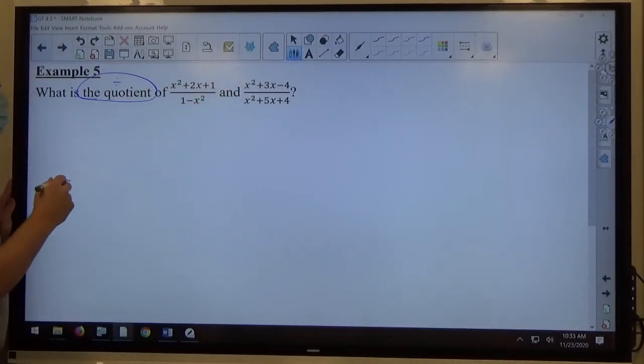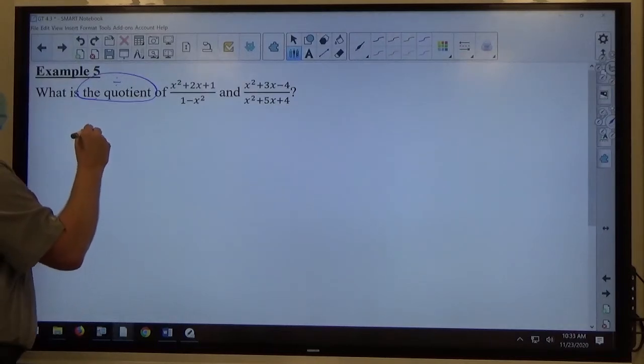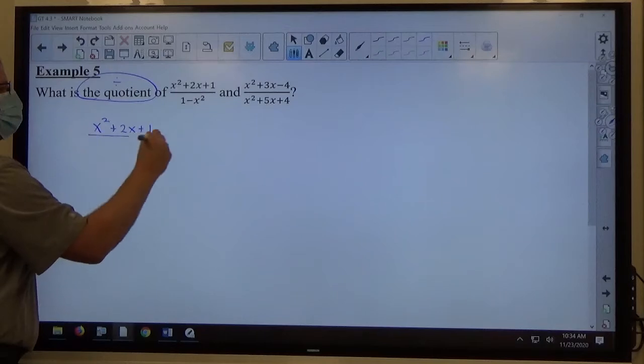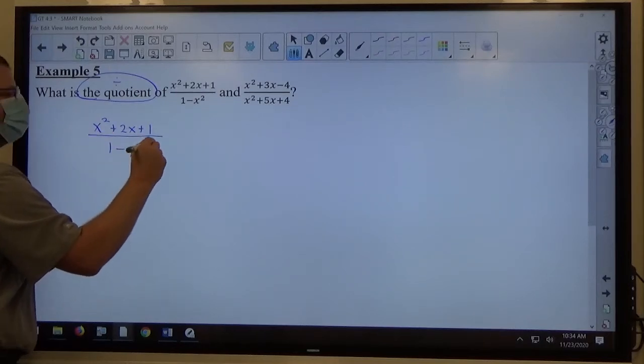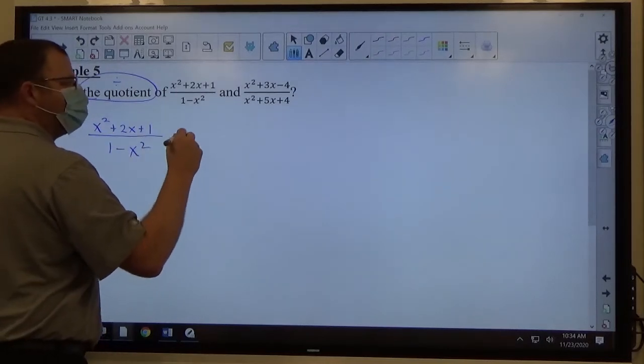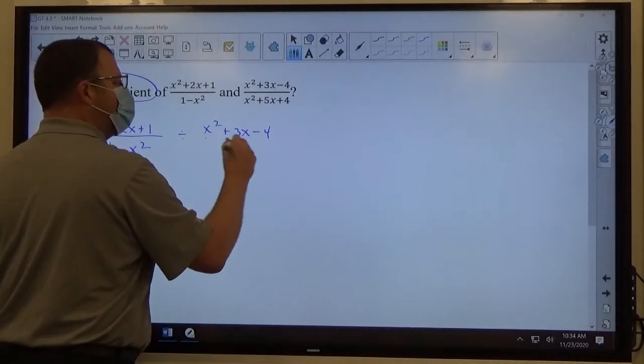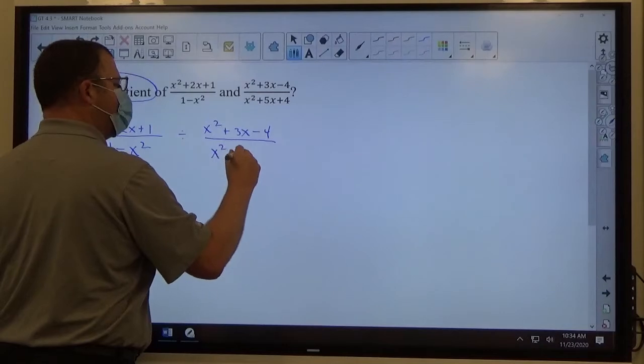Now if I write down the problem as written, it's x squared plus 2x plus 1 over 1 minus x squared divided by x squared plus 3x minus 4 over x squared plus 5x plus 4.